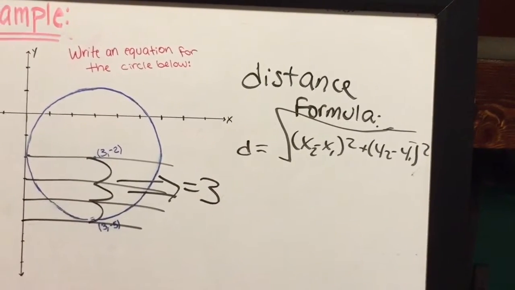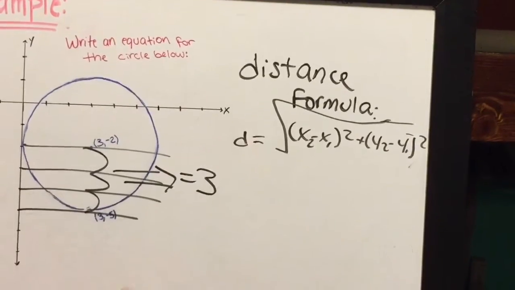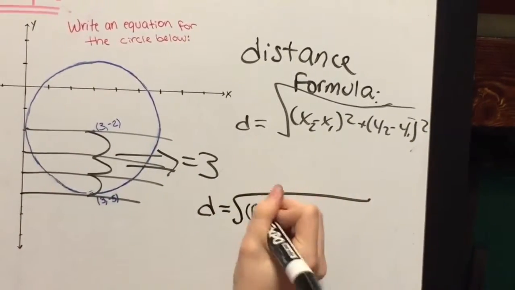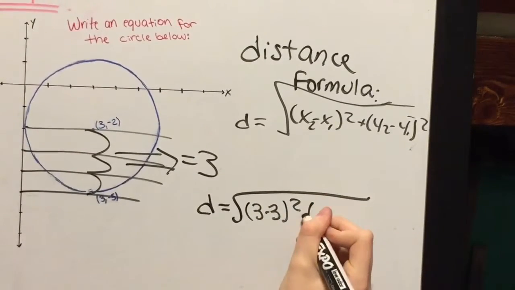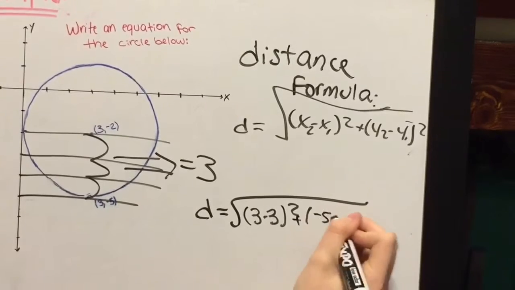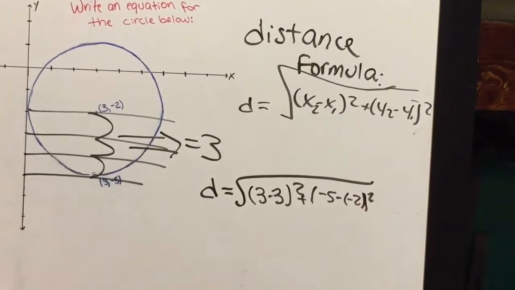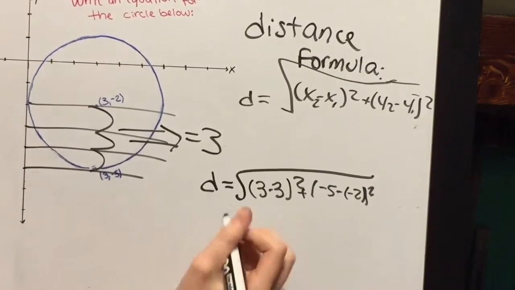When we plug in 3, -2 and 3, -5 into the equation, it will look like d equals the square root of (3 minus 3) squared plus (-5 minus -2) squared. We continue to simplify this until the answer is found.